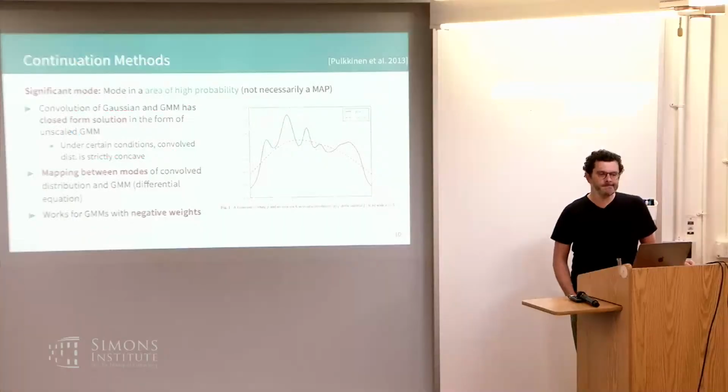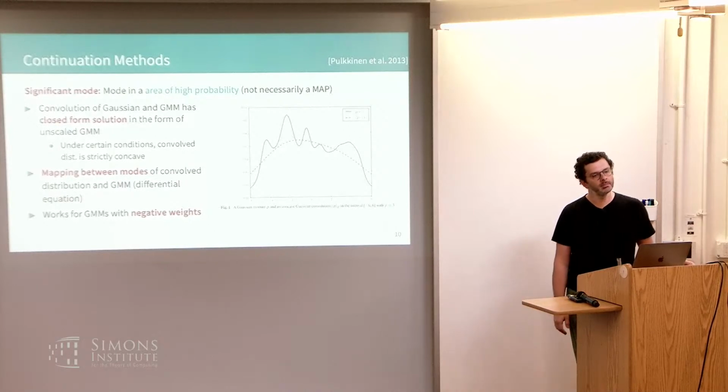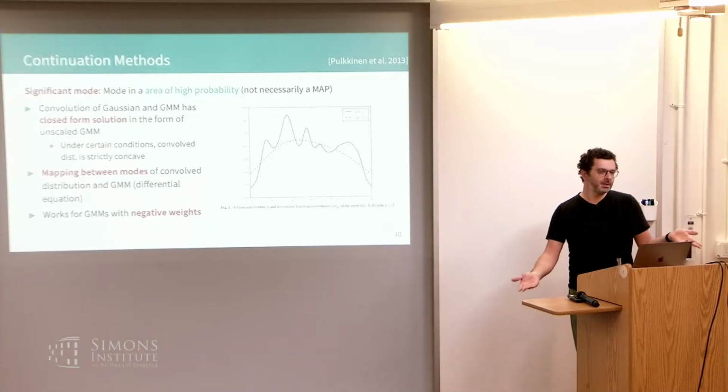Are you talking about convolving with a full covariance Gaussian? Well, in our case, it's always isotropic, because I'm assuming the leaves are univariate. So what I'm asking is, this is for a Gaussian mixture model. What if you have a deeper circuit? Is this still true? It can always be squashed to a shallow GMM. Yes, but that's not efficient.